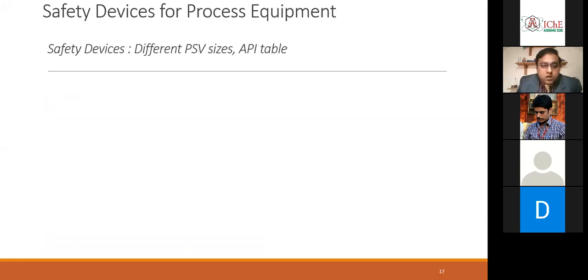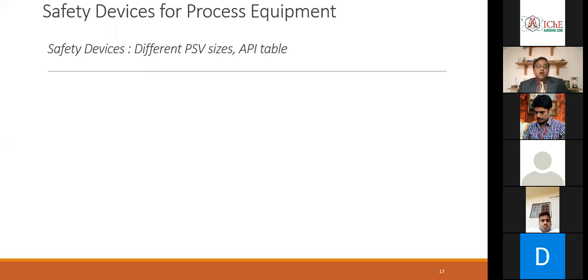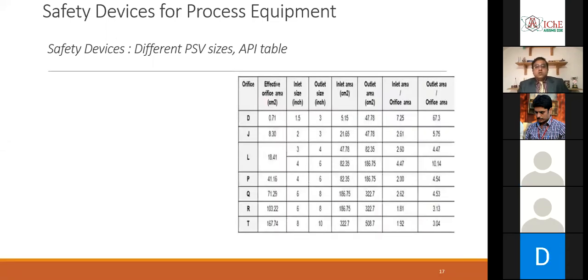Okay, so PSV sizes. There are different types of PSV sizes that are available to us, and there is API, American Petroleum Institute, which is the bible for global safety guidelines regarding the hydrocarbon industry. So this is how an API table will look.